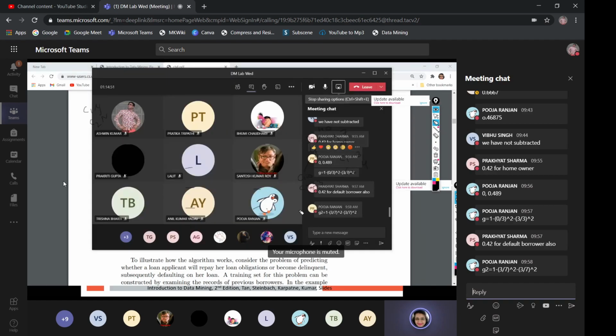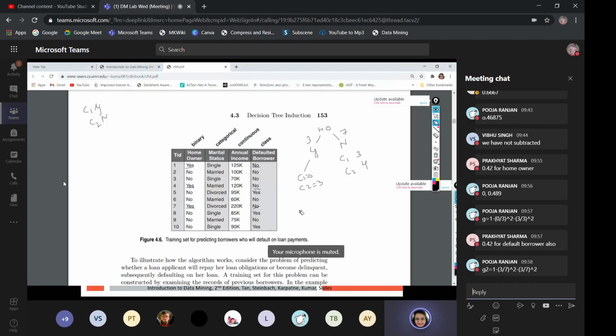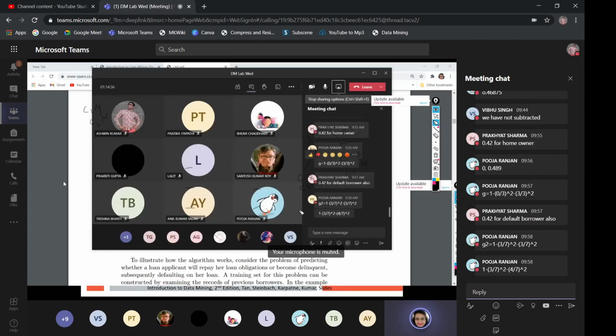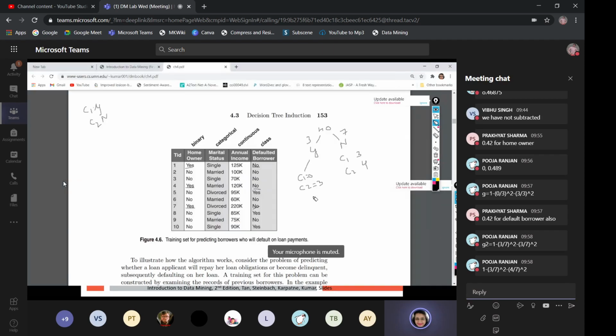Okay, 1 minus (3/7) square minus (3/7) square. Why? Okay, so what is the answer?